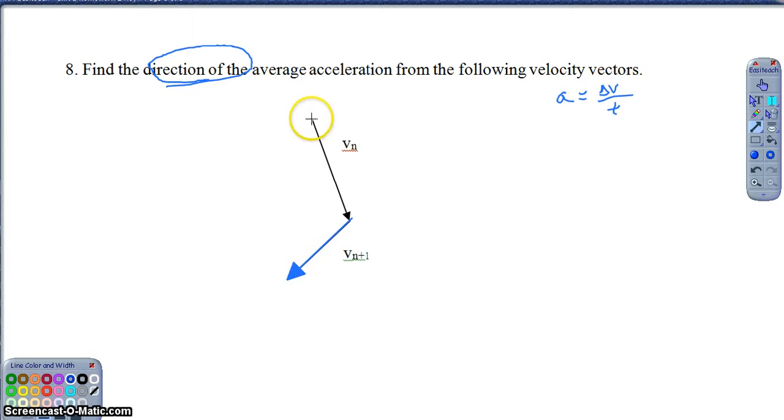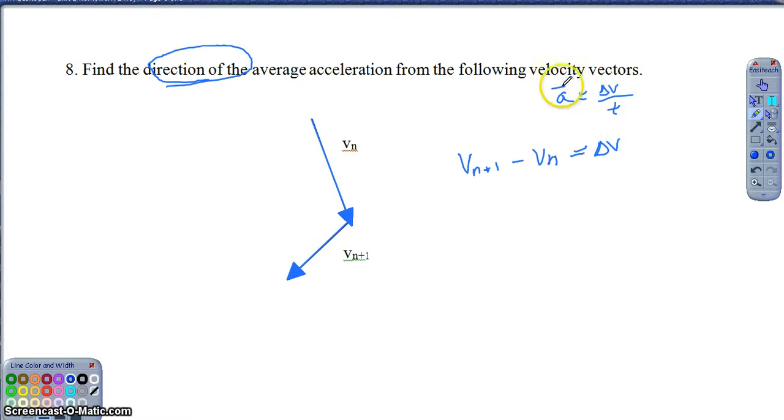Okay, so I'm just going to mirror these two here real quick so that I can then move those around as I need to. Okay, so if I want to find the direction of the average acceleration, the way that we do that, and this is really the only point of this question that I want you to be comfortable with, is I take my second vector, my latter vector here, and then I subtract the first one from it, and that will show me the change of velocity, right?